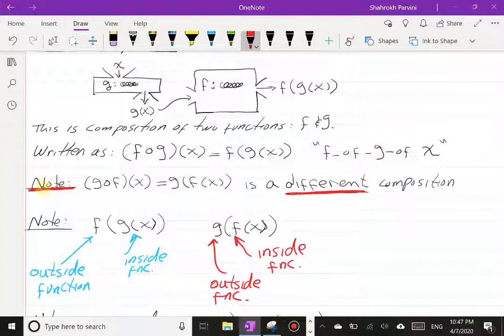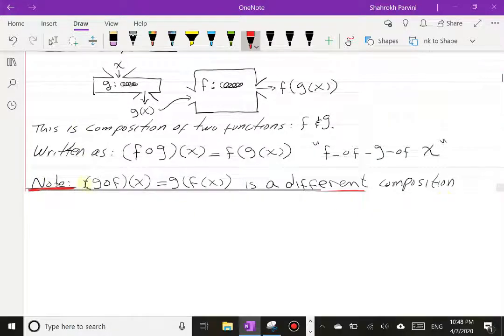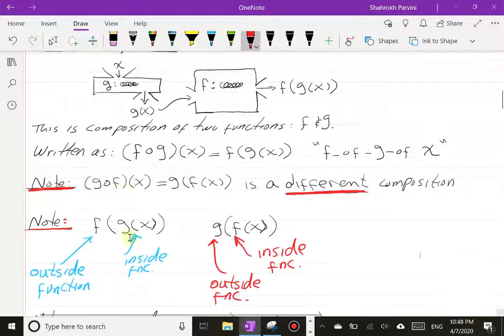Now our second note here is just to show you again how we can perceive function compositions. If we have f of g of x, oftentimes we refer to g of x as the inside function, that's the function on the inside.